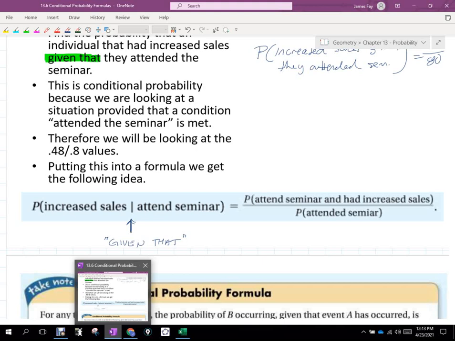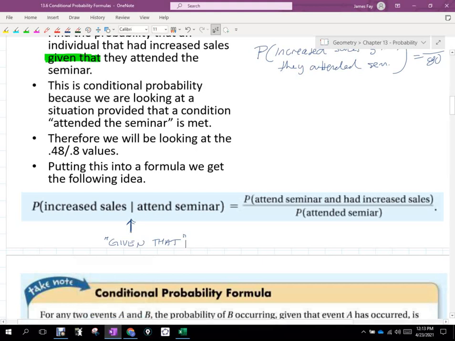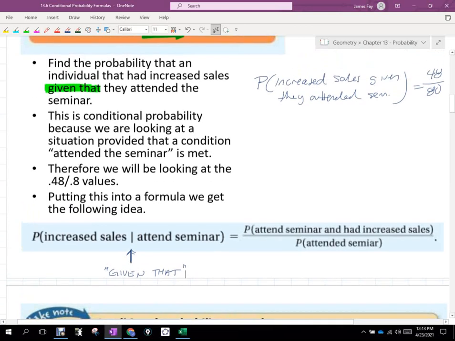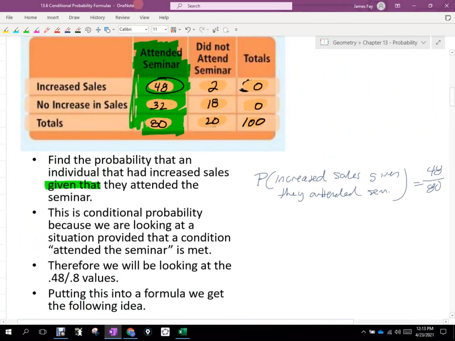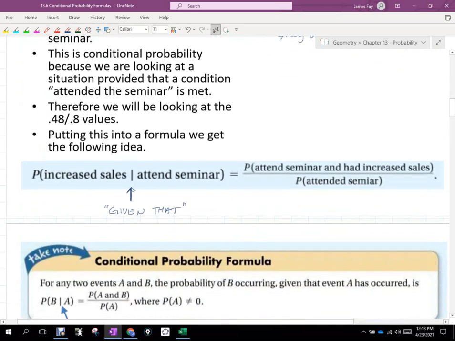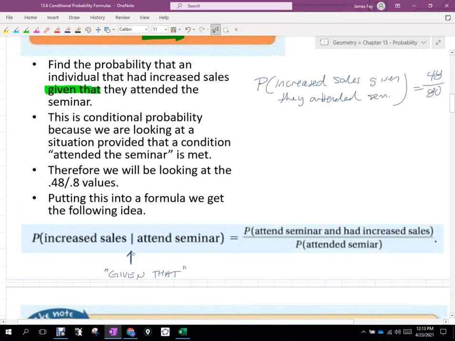That numerator is that they attended the seminar and had increased sales, because that was the intersection of that row and this column, right? So this 48 right here, those 48 people met both conditions. They had the and aspect of being at the seminar and having increased sales. And that's how we got that 48.